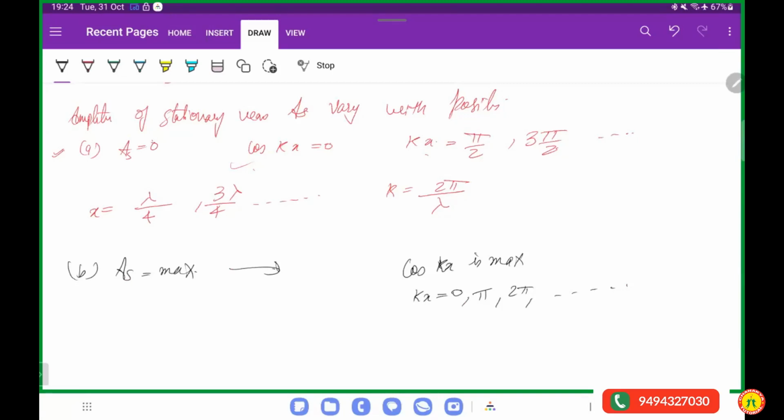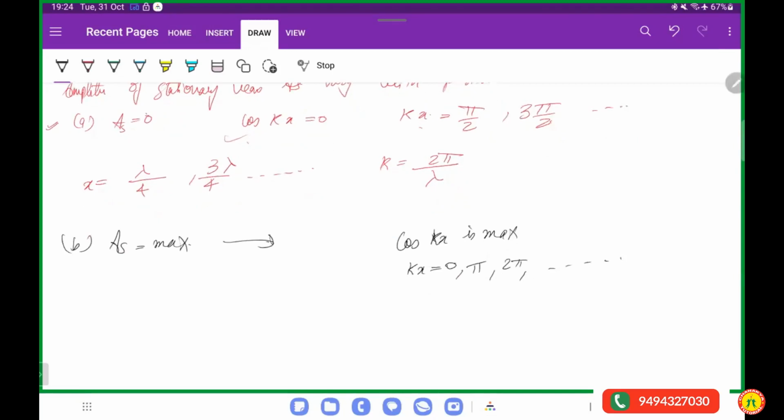Now if I substitute the k value here, again the same way, the k formula is 2 pi by lambda. So if I substitute here, then it is obvious the first term will be 0. So x equals 0, comma. Next will be lambda by 2, right?